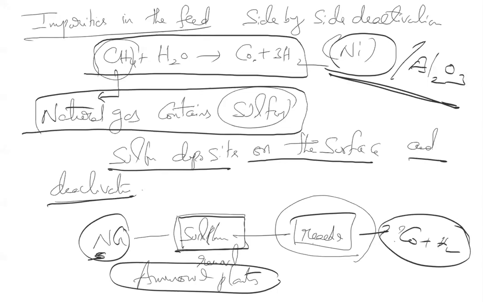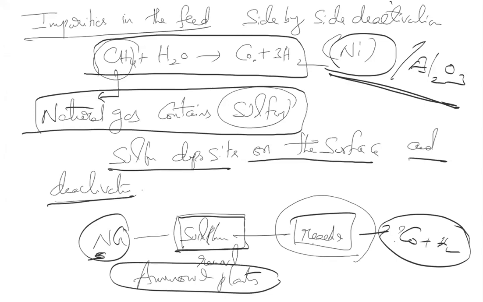If you don't have the sulfur removal unit, the catalyst sitting in the reactor section will be deactivated. These are the four types of deactivation.